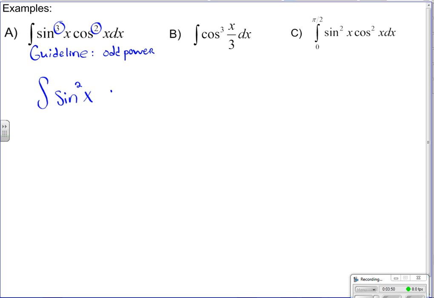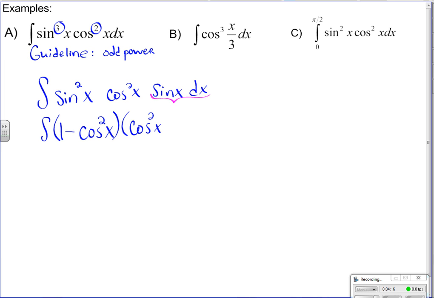So let me put my cosine squared in between here, and then pull that sine x off to the end. This is going into reserve for my du sub. What I'm going to do then is write sine squared using the Pythagorean identity: 1 minus cosine squared x, times cosine squared x, times sine x dx.